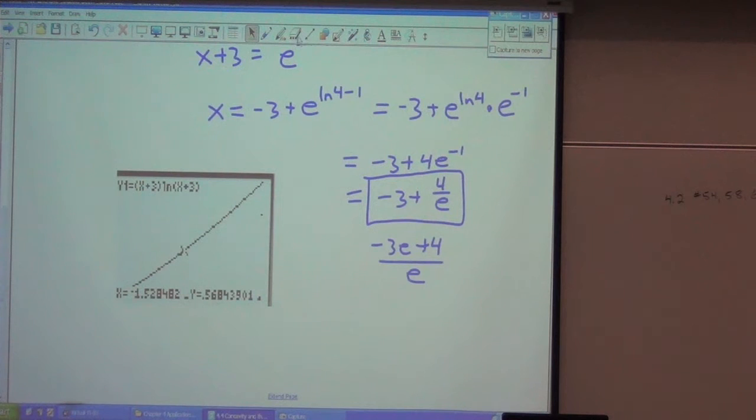That means if I drew a tangent line right there at that point, it should be parallel to a secant line through these 2 points.